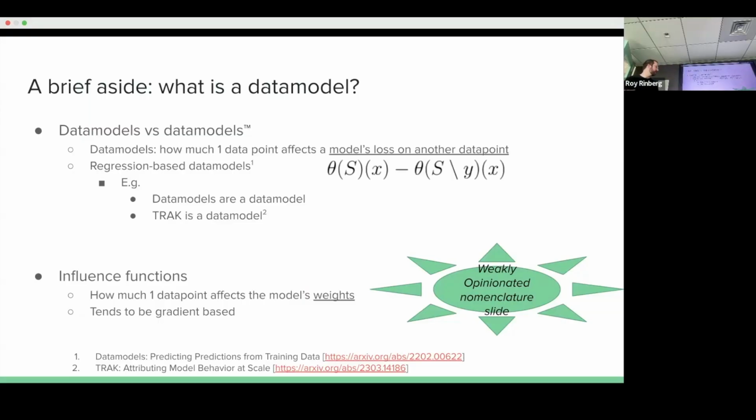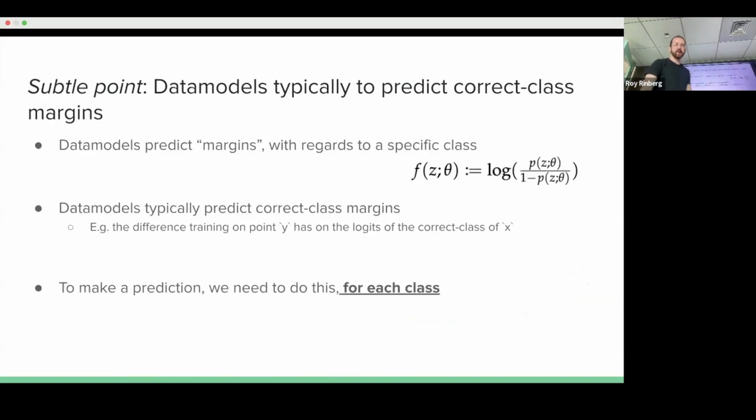This is different from what I think most influence functions are, though you could reasonably call both of those attribution. I don't know what people do. So the data model gives you that number, theta of x, S of x minus theta of S without y. I'm a little bit hiding something, so let me jump two slides.